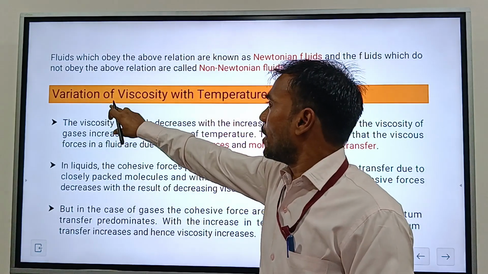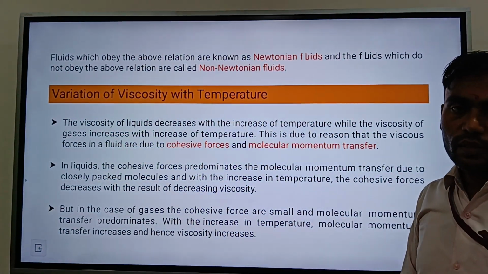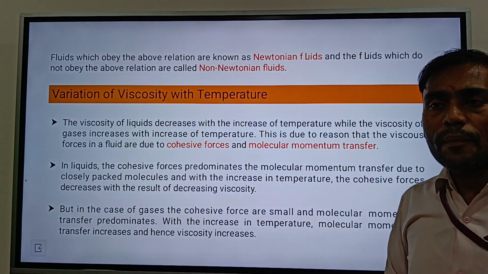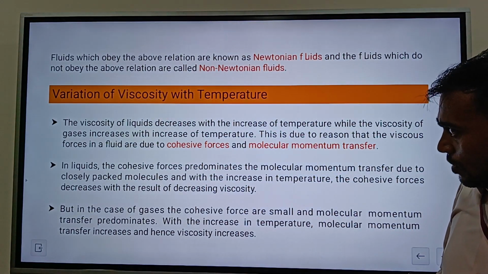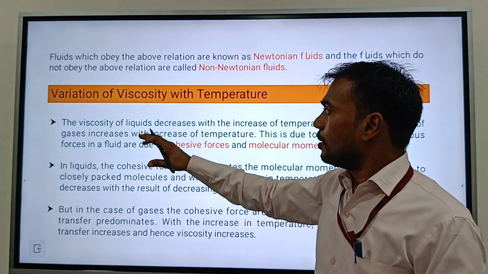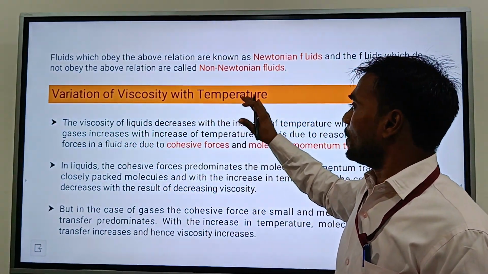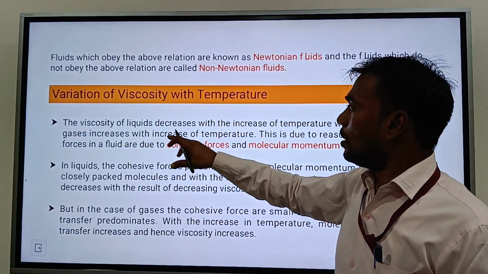Now let us discuss the variation of viscosity with temperature. So what will be the effect of temperature on the viscosity? Let us first discuss the effect of temperature on liquids.